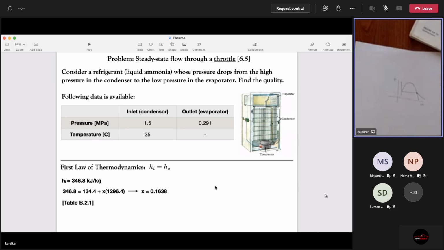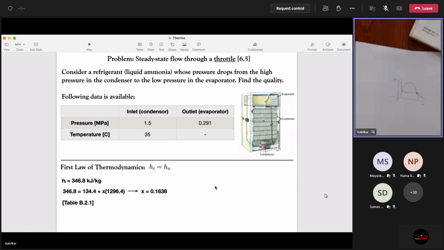If you are looking at the table for enthalpy, B point 2.1, you see 35 degrees Celsius. Pressure is given to be 1350. But what is the pressure given in the problem? 1500. So what's happening here?